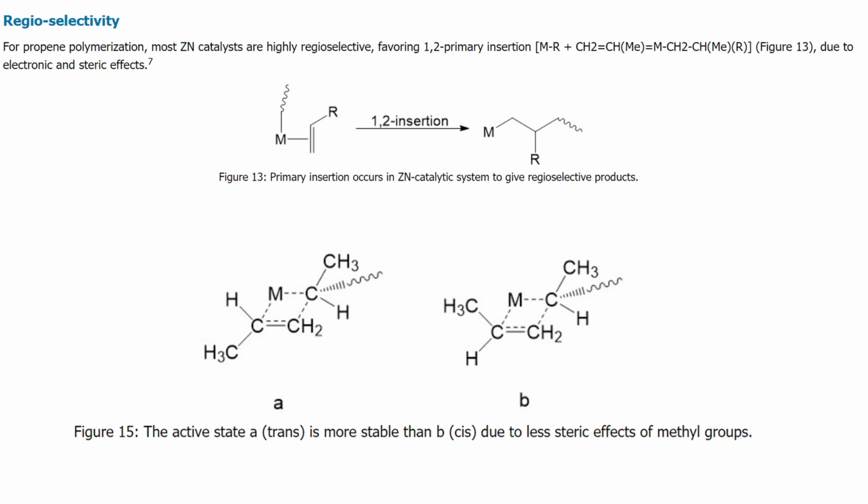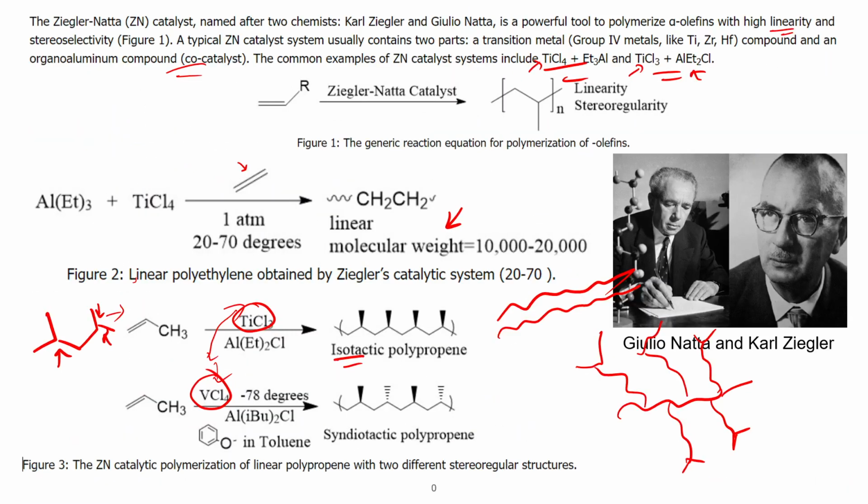Now the question is why we have this isotactic, this kind of special arrangement, or you can say meso units, so dyads. I will discuss it a little. For macroscopic property determination, we use this kind of thing.